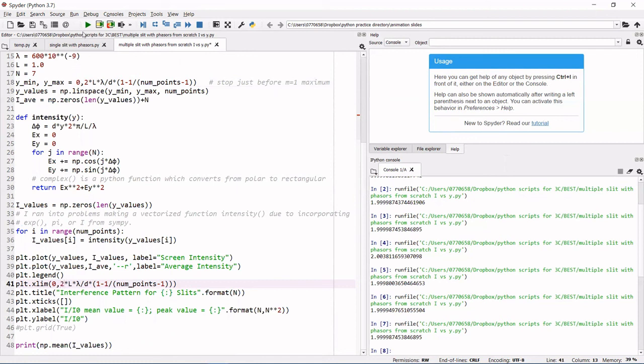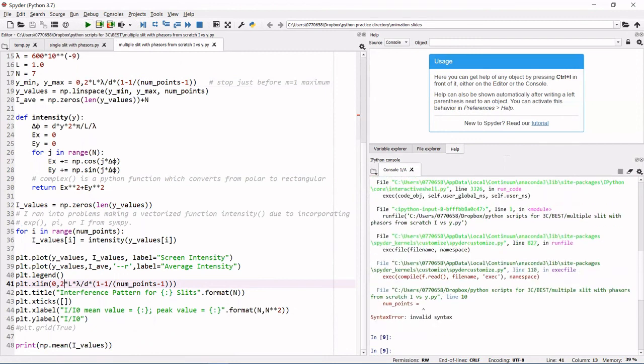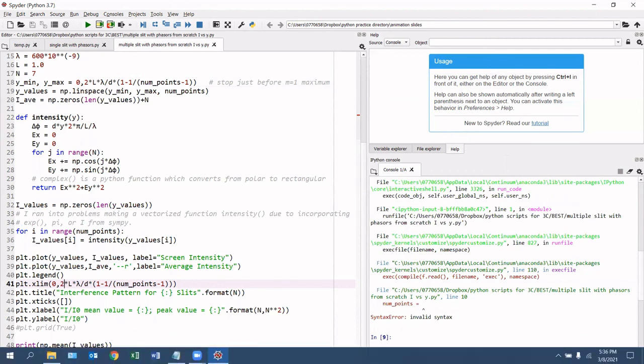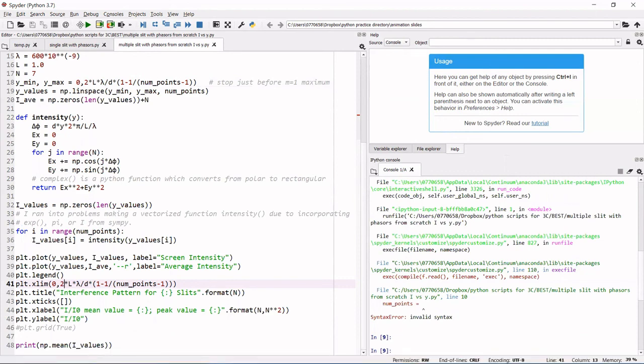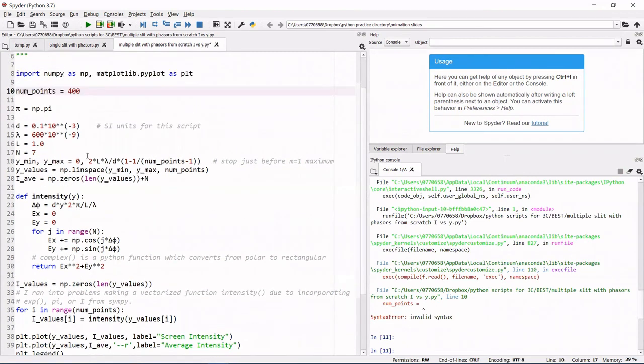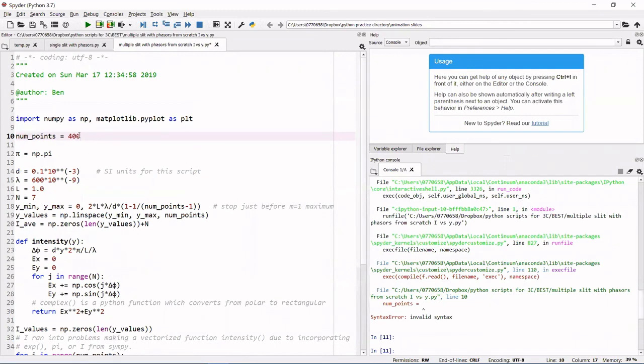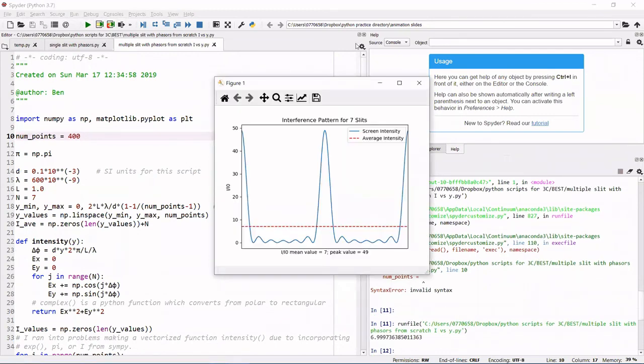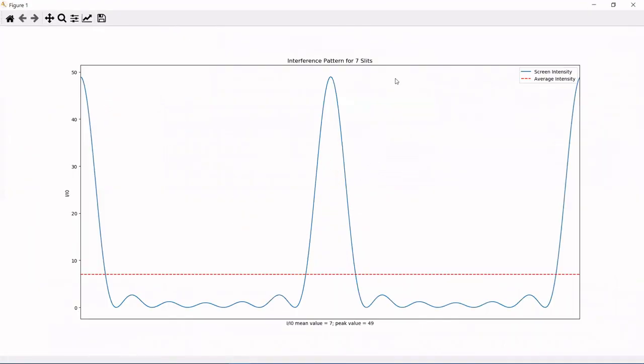Okay, how does this look with 7 slits? Where's my graph? Hello? Invalid syntax. Don't give me that. Okay, I had forgotten to give it the number of points with which to plot. Look how quick that was.